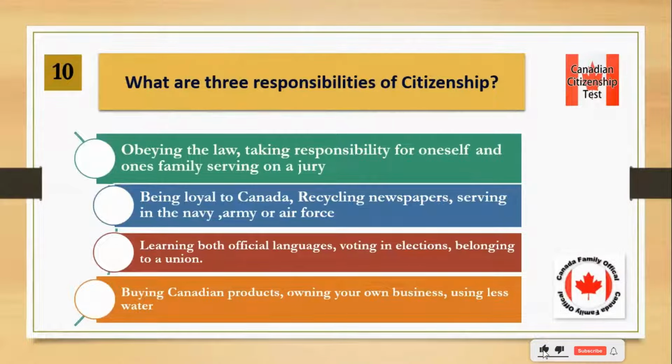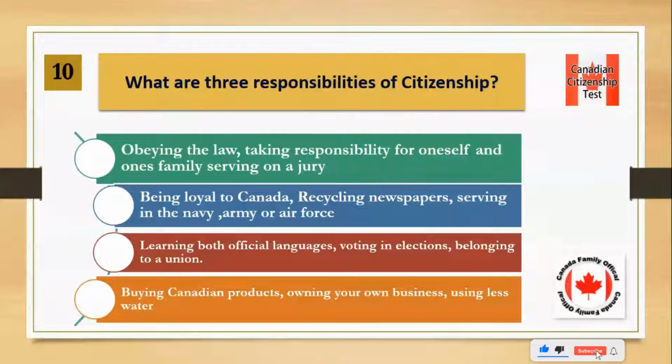What are three responsibilities of citizenship? Number 1, obeying the law, taking responsibility for oneself and one's family, serving on a jury. Number 2, being loyal to Canada, recycling newspapers, serving in the Navy, Army, or Air Force.